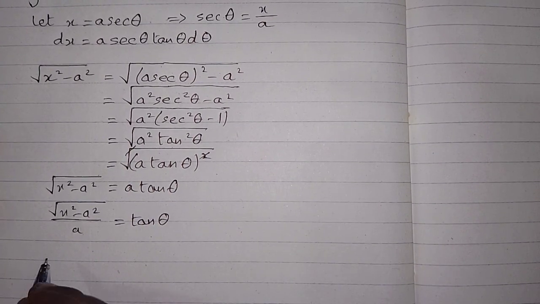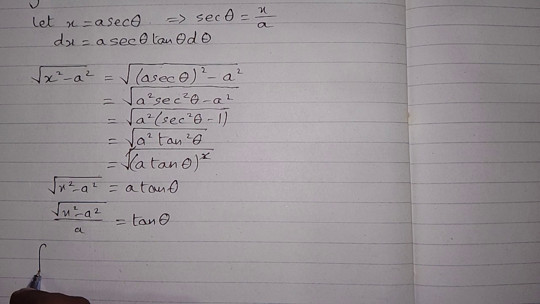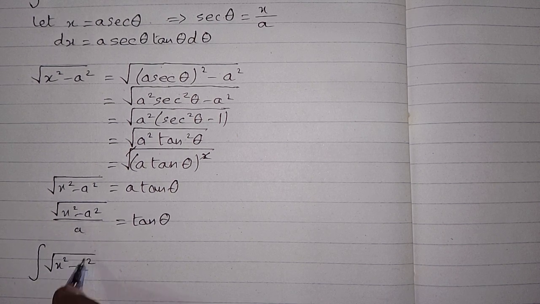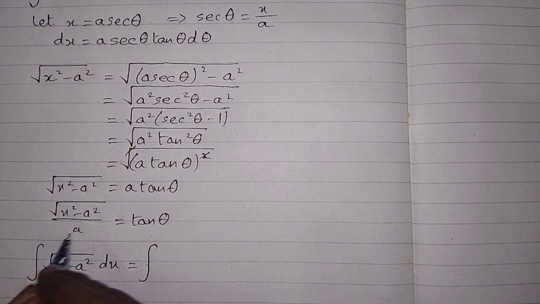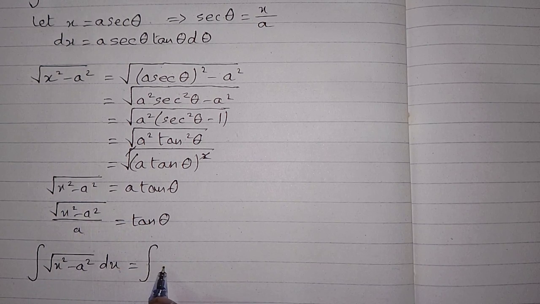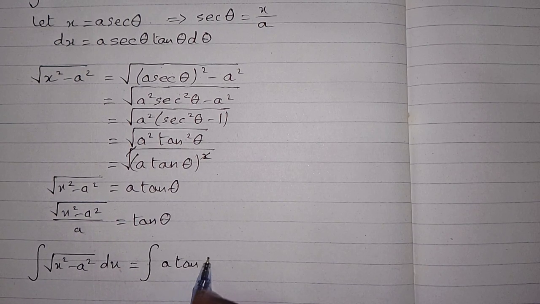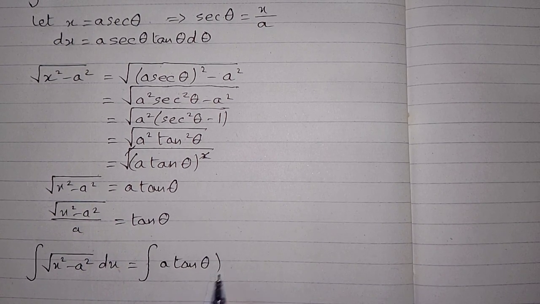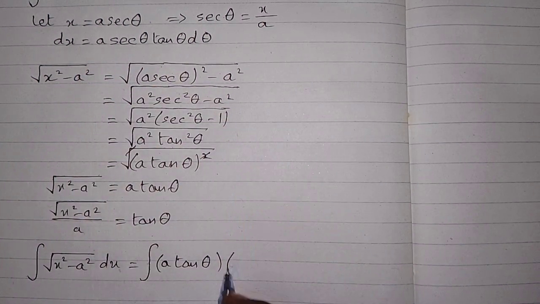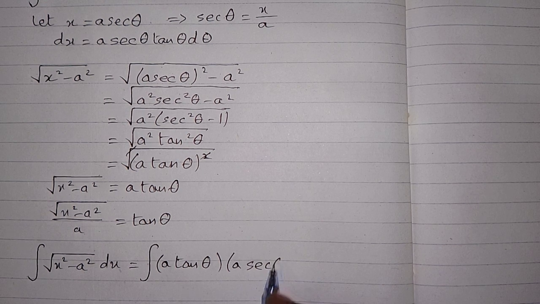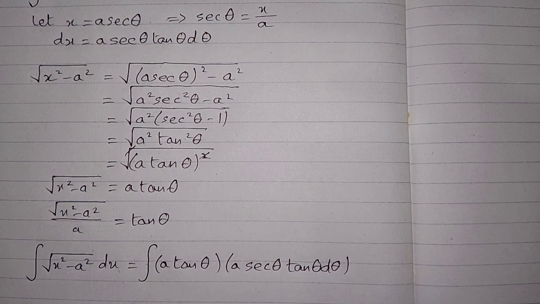So we have integral of square root of x square minus a square dx. So we can put the value of square root of x square minus a square, which is a tan theta, and dx is a sec theta tan theta d theta.